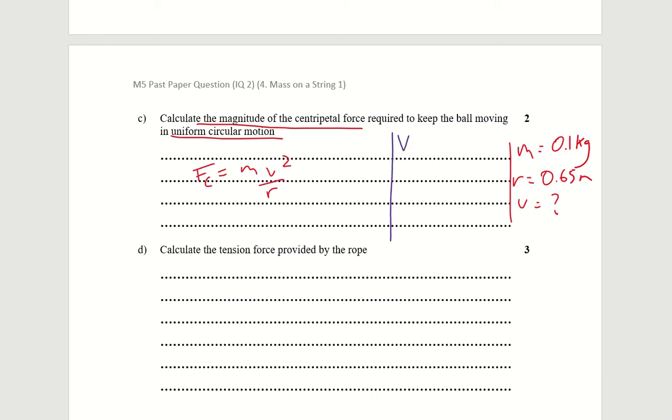So v is 2 pi r over t. We know that 2 pi is that constant, radius is 0.65 over time, and the subsequent value I get for v is 3.06305287.